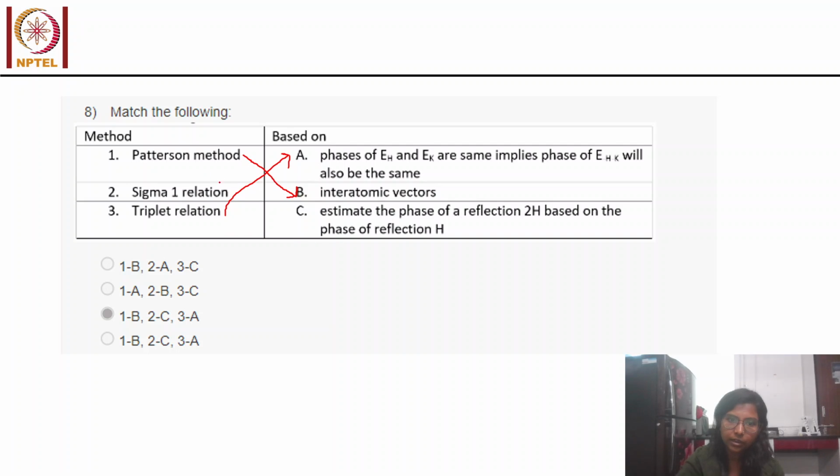And then we have this sigma 1 relation. For the details of this relation you can go through the videos of week 10. So we get this as the correct option.